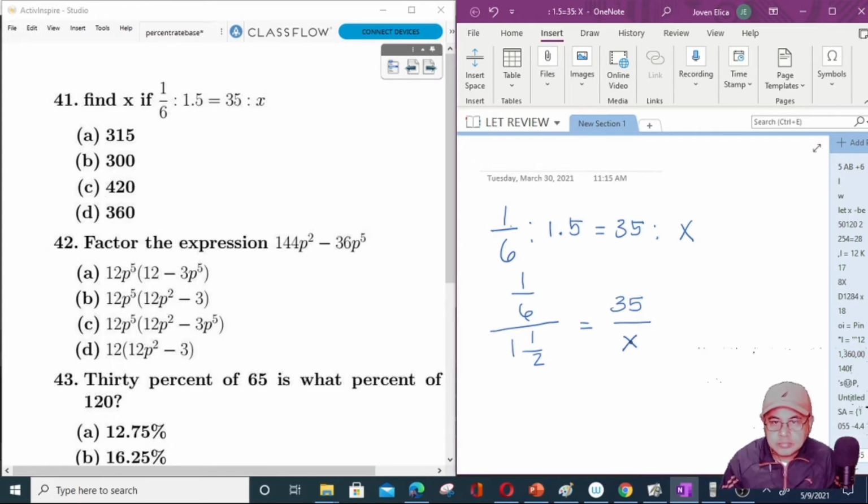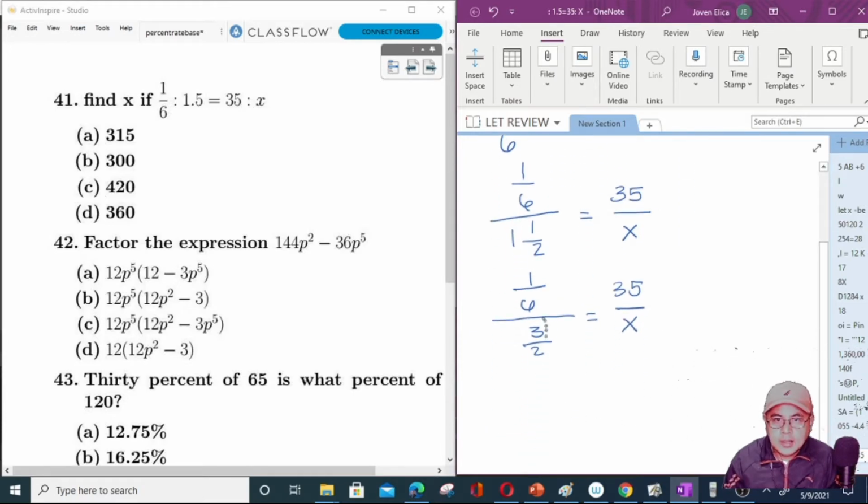And now, let's convert the mixed fraction into a proper fraction. This one. So 1 over 6. Convert this: 1 times 2 is 2 plus 1 is 3 over 2. Again, 2 multiplied by 1 is 2 plus 1 is 3 over 2 is equal to 35 over x.